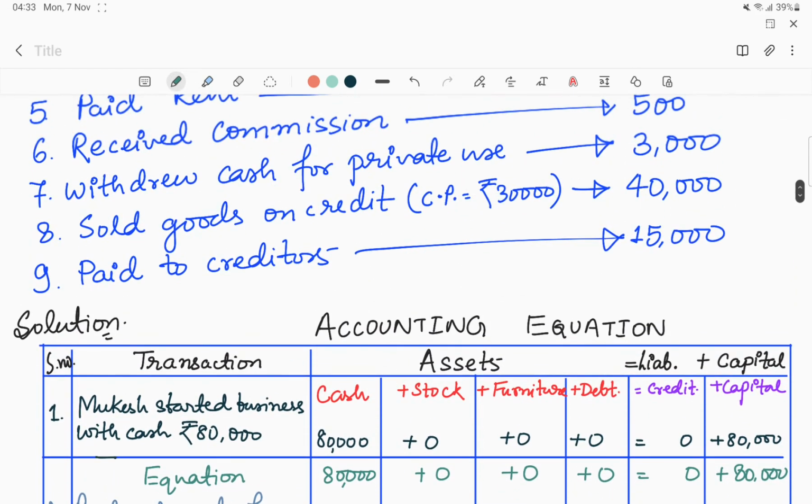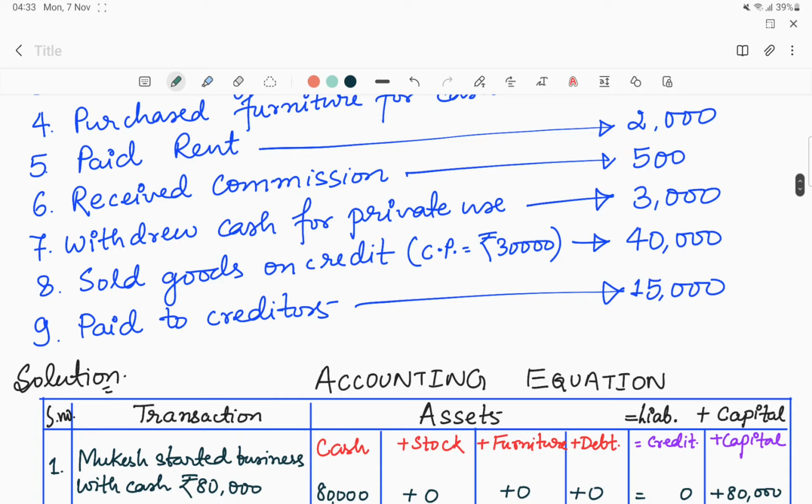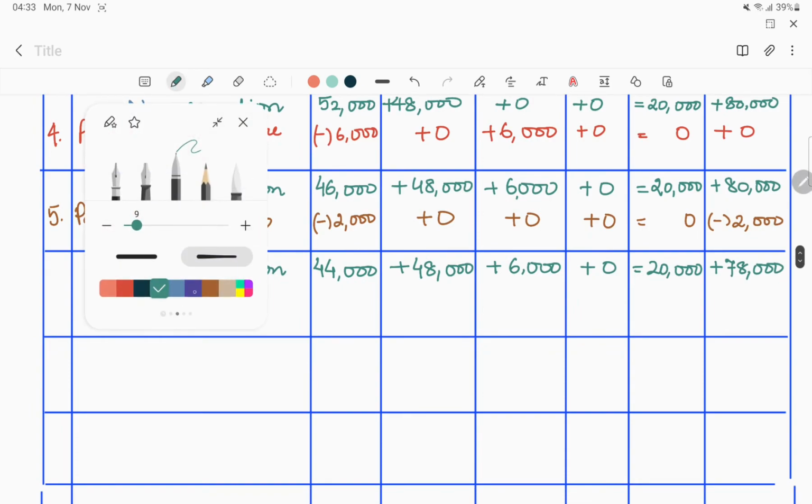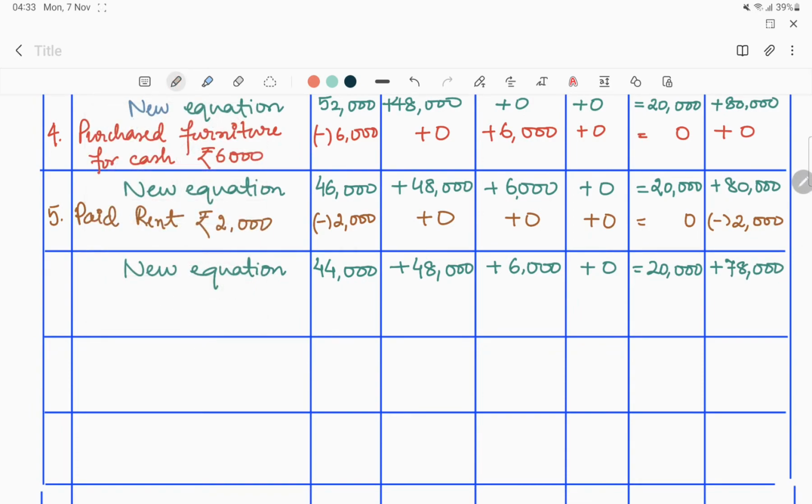Let's see the sixth transaction. In the sixth transaction, Mukesh is receiving commission of 500 rupees. So for the sixth transaction we have to write received commission of rupees 500.